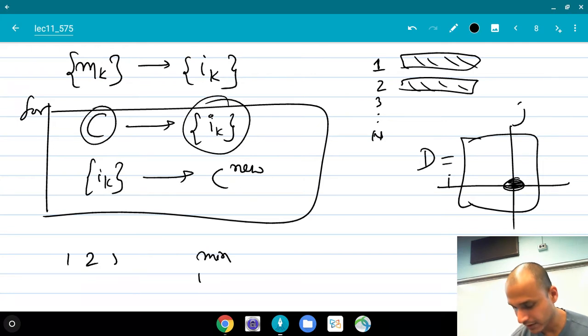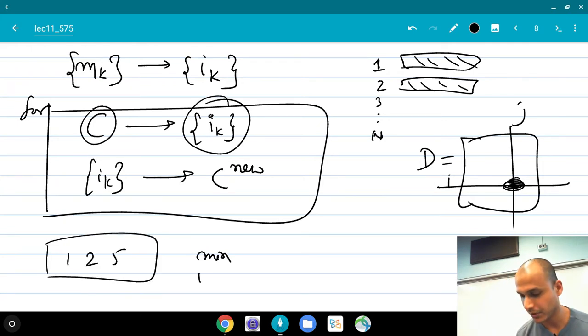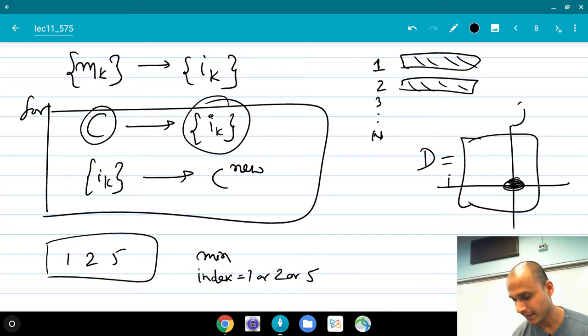Find the minimum over, let's say 1, 2, and 5 are in the first cluster. These are the points. So minimum over index equal to 1 or 2 or 5 of the sum of the distance between that index and the remaining points.